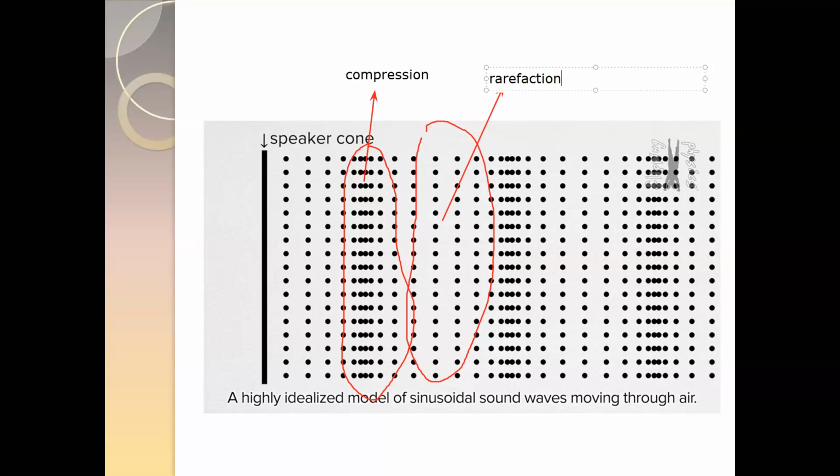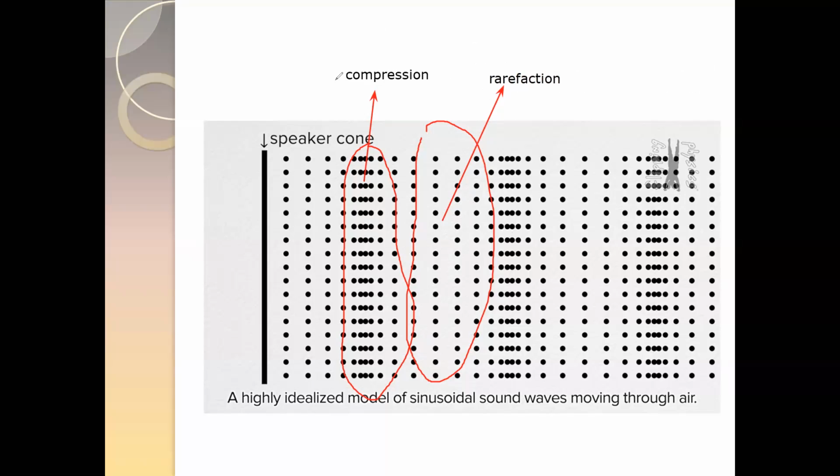Rarefaction is the same as expansion, so rarefaction and expansion have the same meaning. You can see in this region the particles are away from each other, so it appears that the part is expanded.